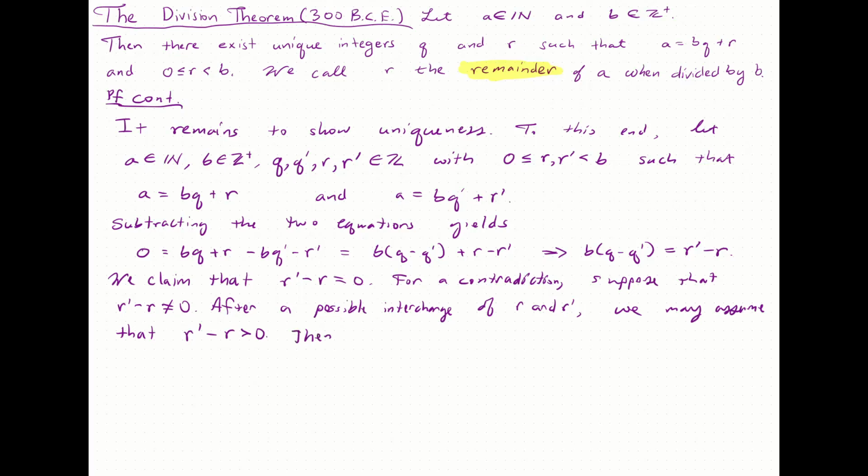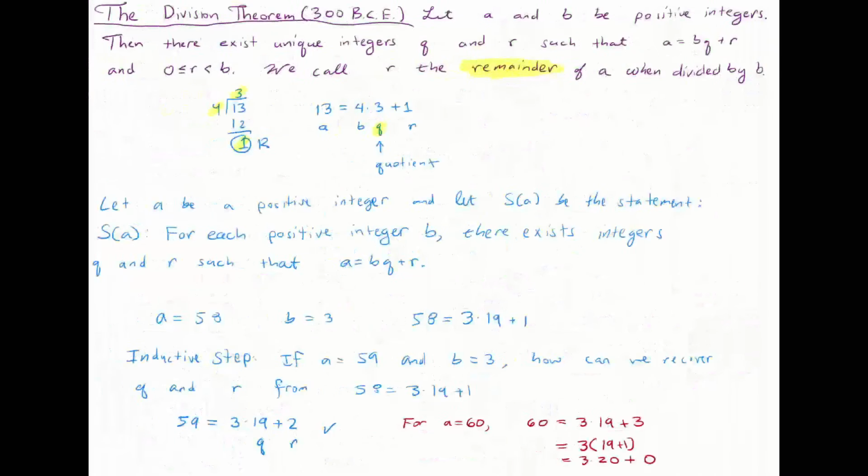And now we use the lemma. Then by lemma 2, we have that b divides r prime minus r, which implies that b is less than or equal to r prime minus r. And so notice that we are now using the assumptions.